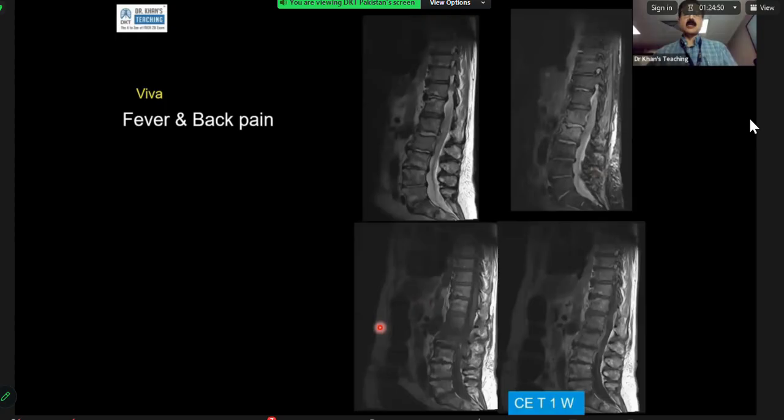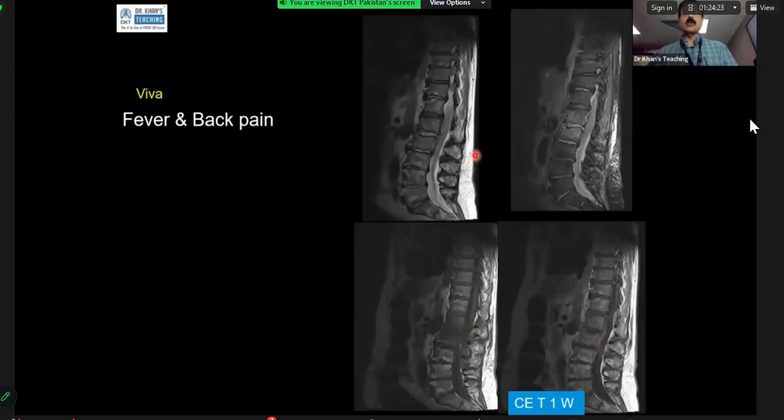Okay, sir. Another case of spondylodiscitis. Here, let me describe the findings, then I will ask you a question. This is a T2, this is a STIR, this is a T1, and this is a post-contrast T1. In this case, we have not done a fat-saturated pre and post, and that should have been done. But I just want to ask you a question.